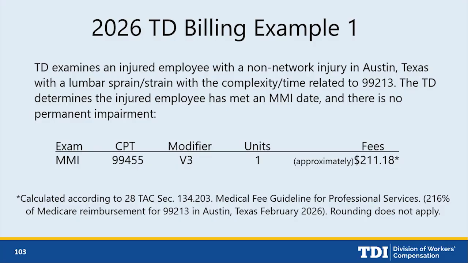If it was a network claim, you would just go to your network contract amount. In this example, reimbursement is approximately 217% of what Medicare pays for 99213 in Austin, Texas for a non-network injury for a treating doctor who is authorized for maximum medical improvement.